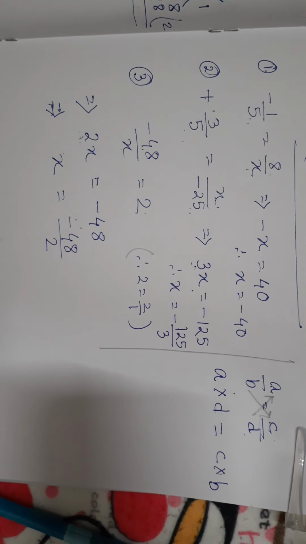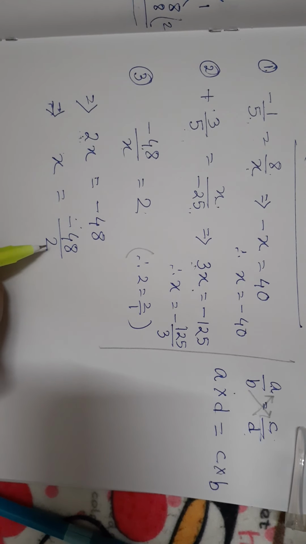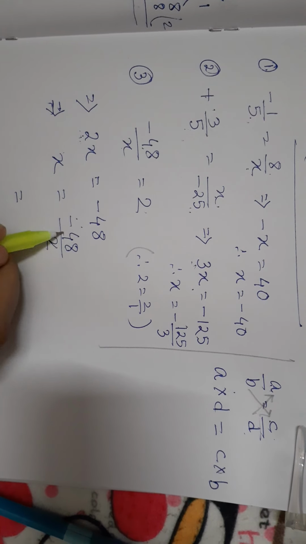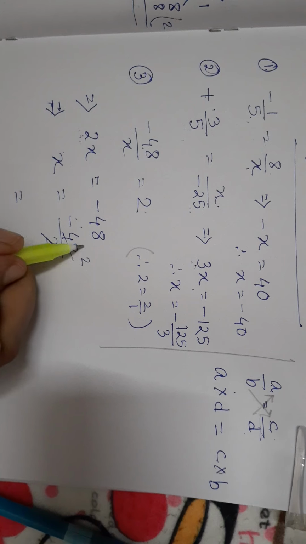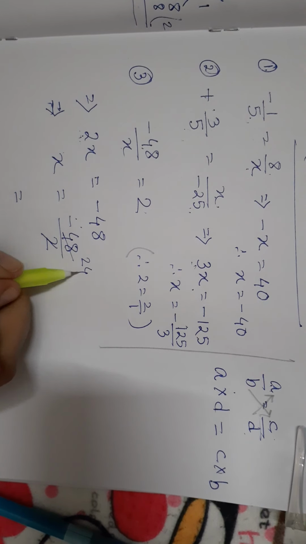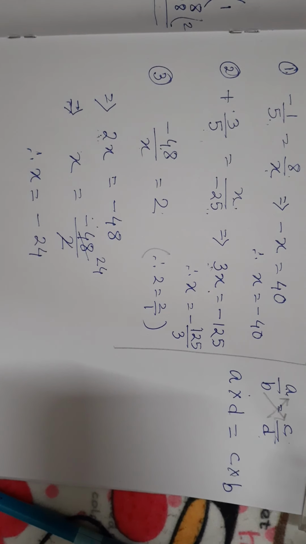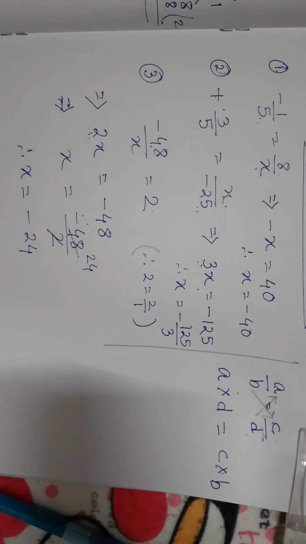Now we can find the standard form of this one, as we can see 48 is an even integer, it is divisible by 2, so we are getting 2 2s are 4 and 2 4s are 8. So the value of x is minus 24. So in this way we can calculate the value of x by using cross multiplication.